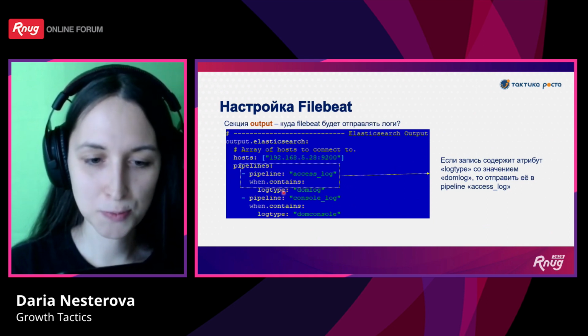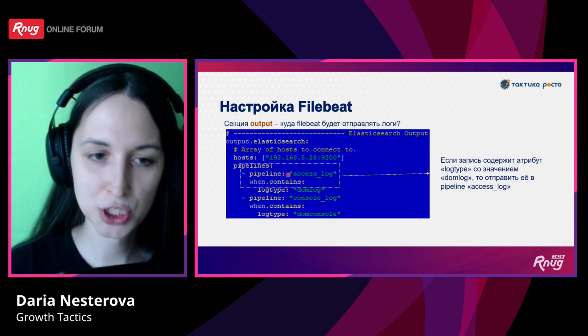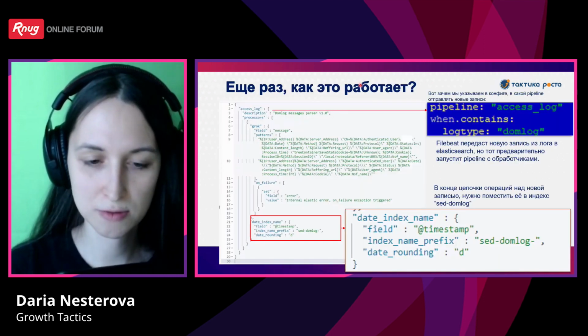The output is where the entries are put. We have a live hack by FileBeat. If we have a log type attribute and it is DOM-log or DOM-console, we put it into a certain pipeline, access log or console log.